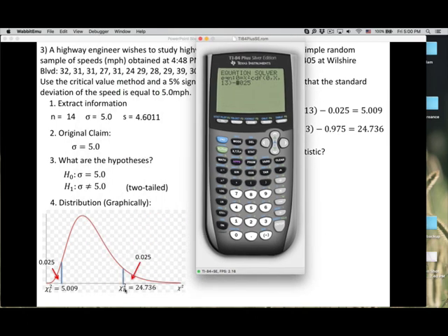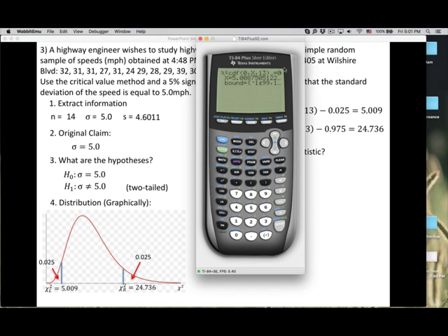I only need to change the area from the left. Okay, one more time. We want to calculate this guy. So the area from the left, that's including the left tail, that will be 0.975. Okay, enter. Then you're not done yet, okay? Make sure you click on alpha, enter.